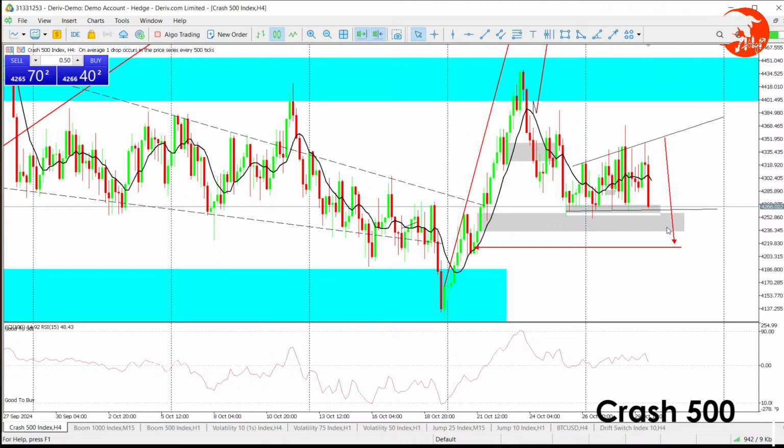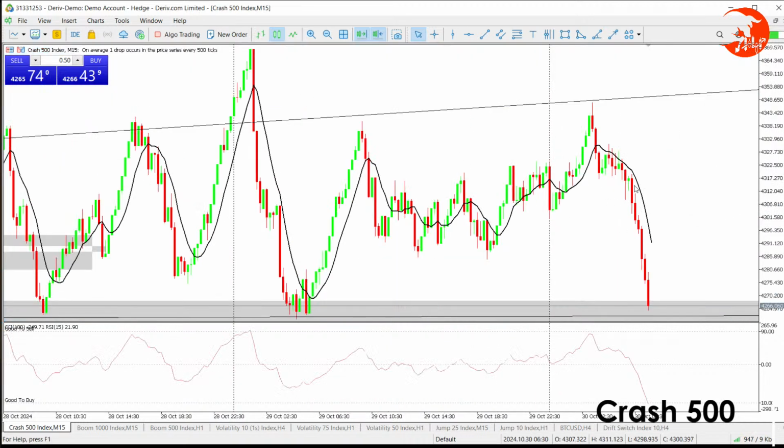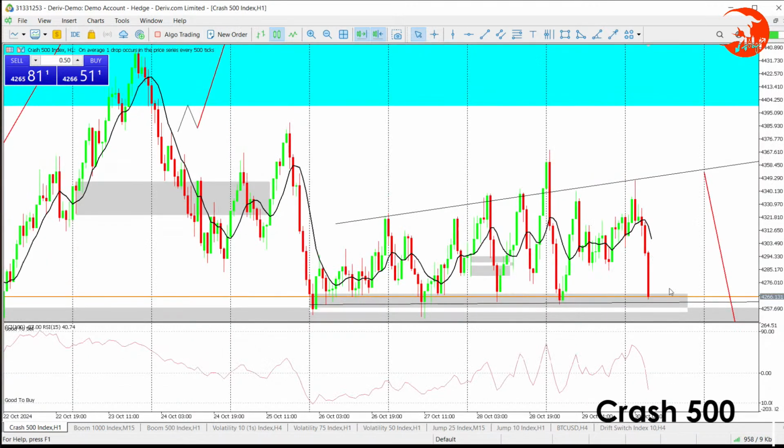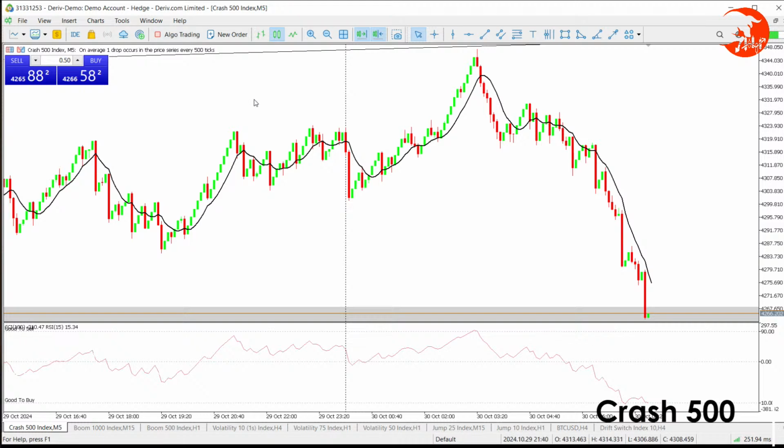So until it breaks out, we will keep playing with it in this very pattern that it has created, the structure that it is giving us, so we can keep buying and selling it whichever we want. Whenever it gives us confirmation for the buys, then we will enter our buys.